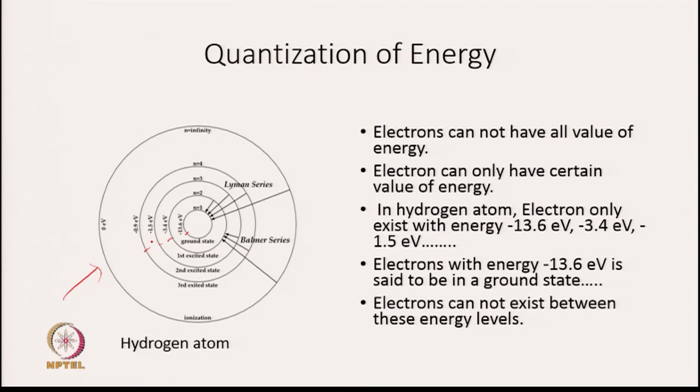When the electron of a hydrogen atom has energy minus 13.6 electron volt, it is said to be in the ground state. So, if it is here, then it is said to be in the ground state. When it has energy minus 3.4 electron volt, it is said to be in the first excited state.